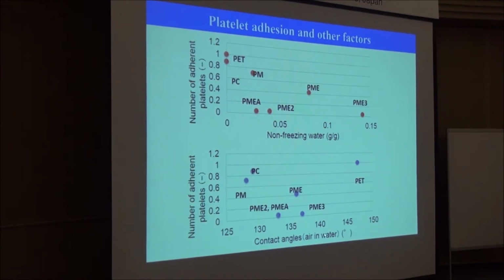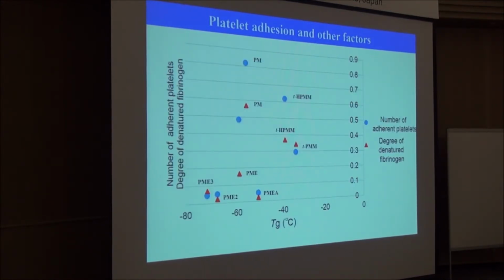And contact angle in water, the surface energy, hydrophilicity or hydrophobicity, is also an important factor affecting biocompatibility. But if we plot it, there is less relationship than with intermediate water. And again, Tg is also one of the important factors affecting biocompatibility, but there is less relationship.